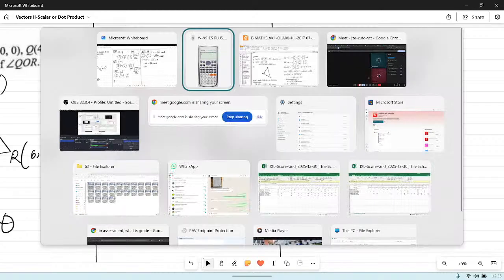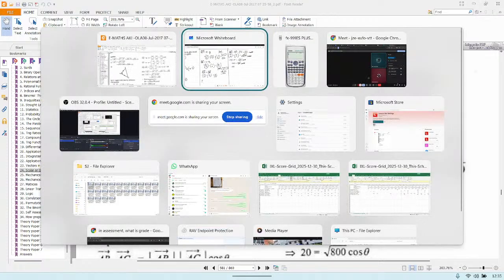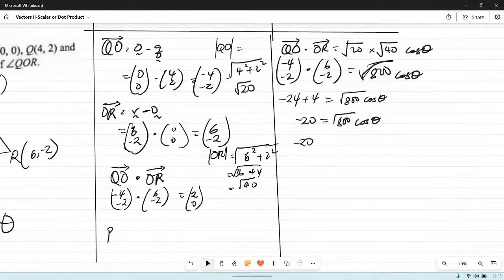The dot product is negative 20. It's because of the distance I did. I should have done QO instead of OQ. Maybe it will work. If it doesn't work, we'll learn from it.